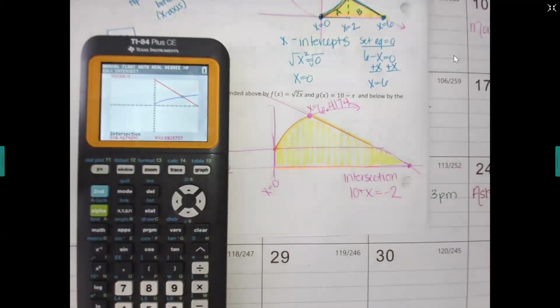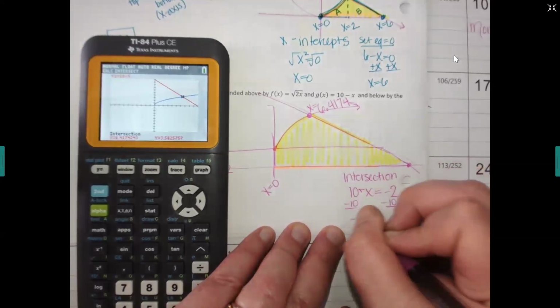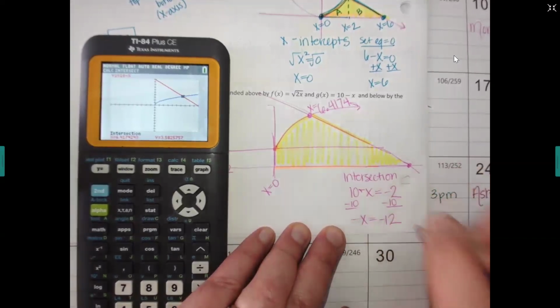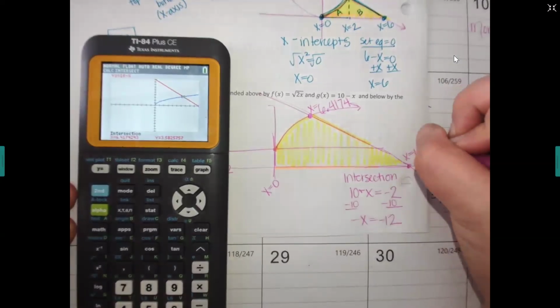So I'm going to take 10 minus x, just set it equal to what I want it to cross. Minus that 10 across. What is -2 minus 10 more? -x is -12. Then where do these actually intersect? +12. So this point right here would be.